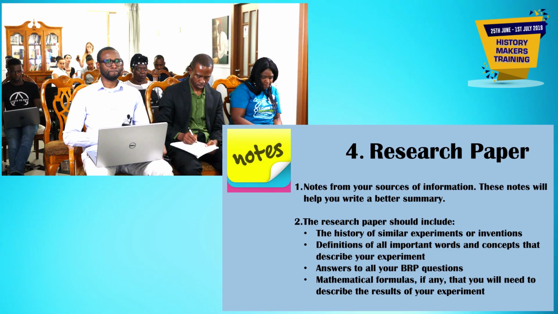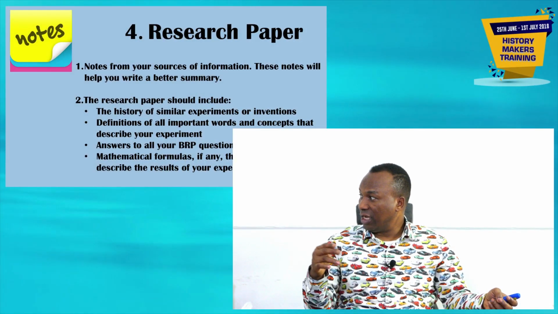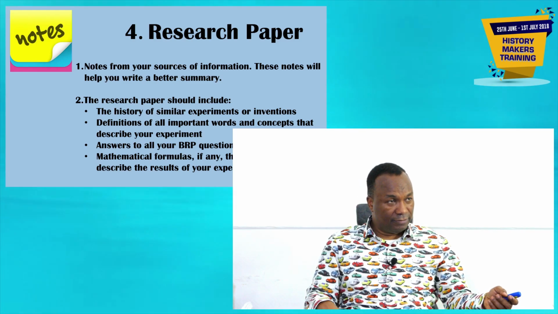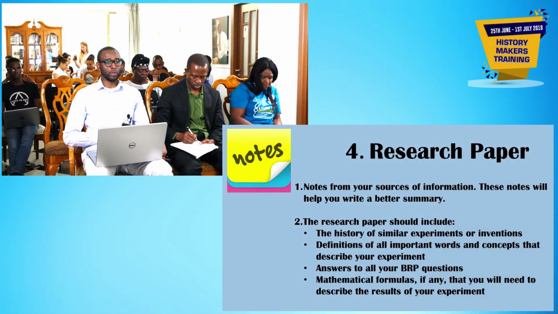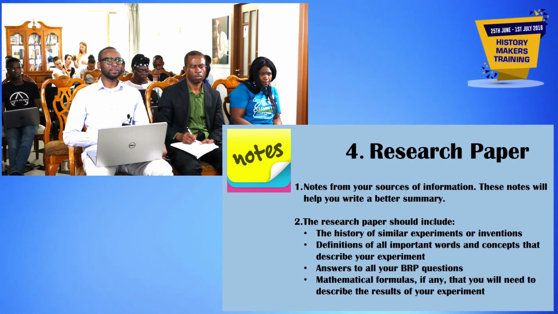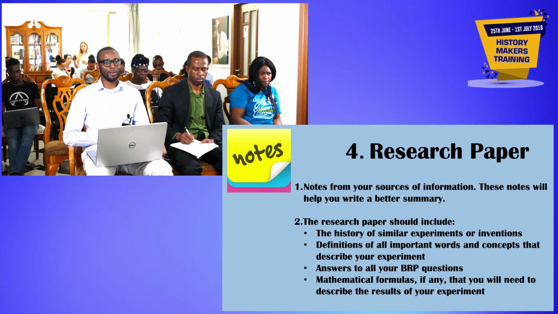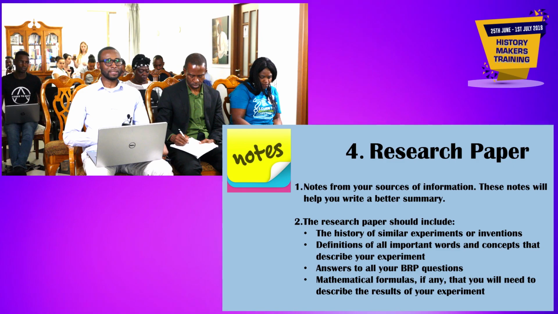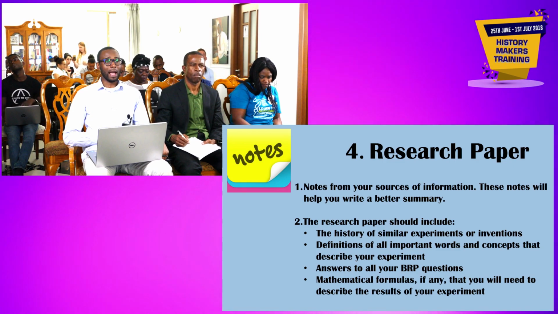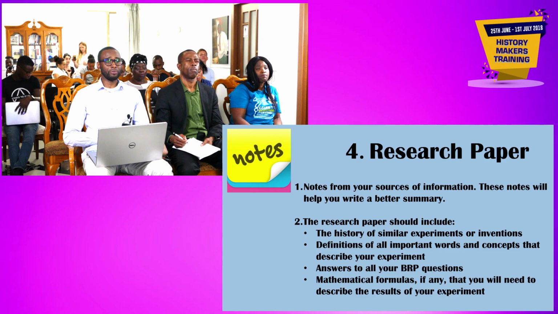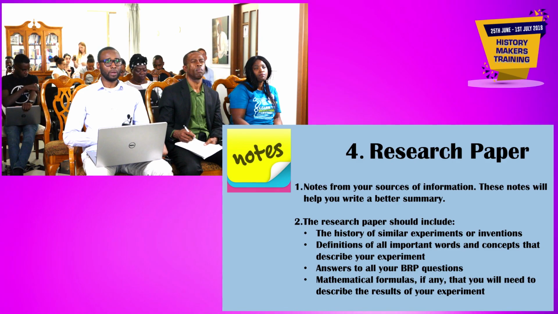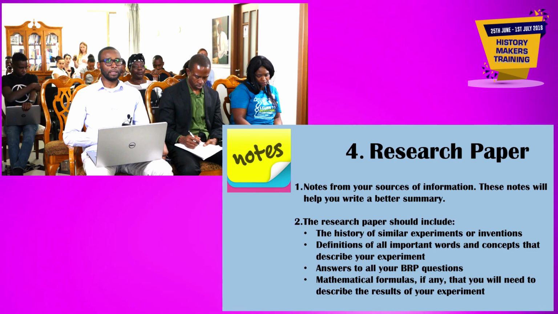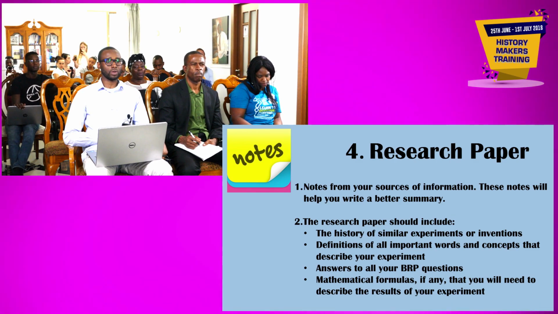Take notes from those things you are discovering. 2, the research paper should include the following: the history of similar experiments or inventions; the definitions of all important words and concepts that describe your experiment; answers to all your background research plan questions; and mathematical formulas, if any, that you will need to describe the results of your experiments.